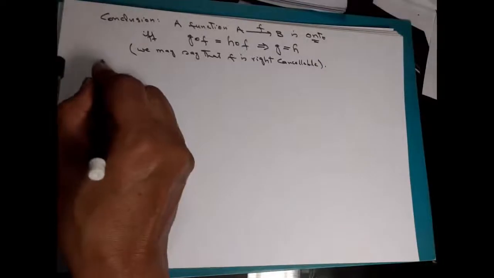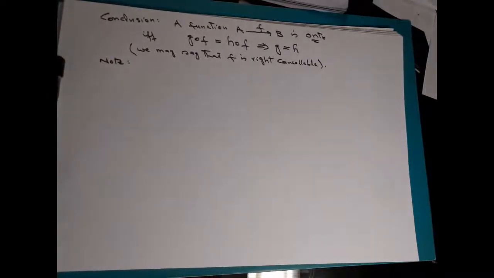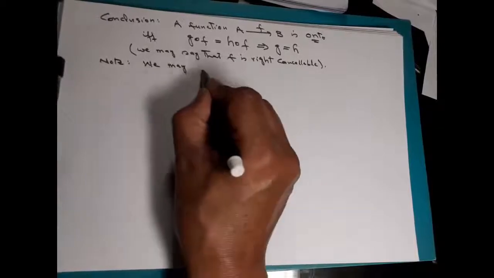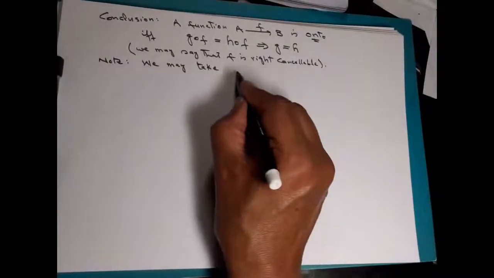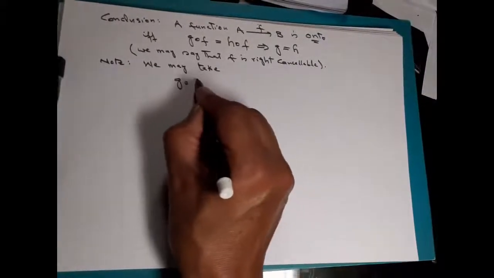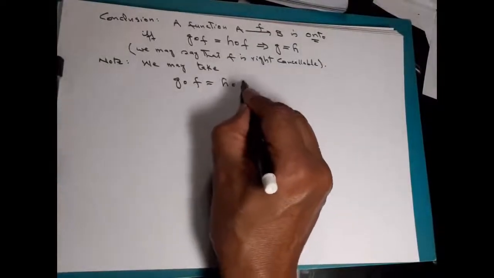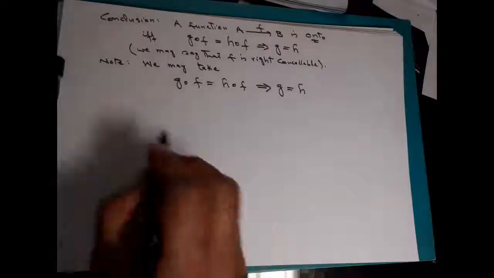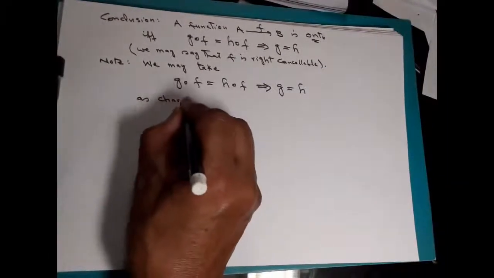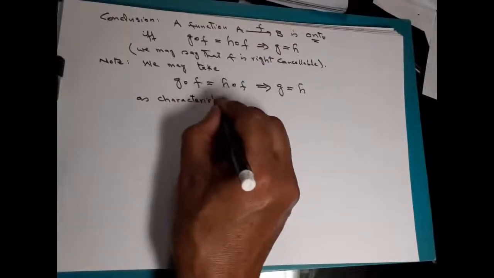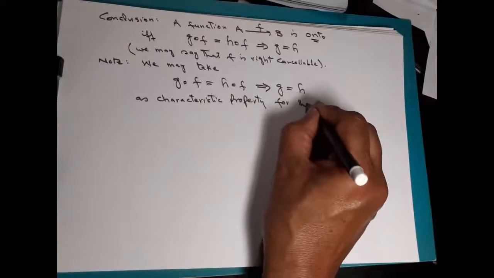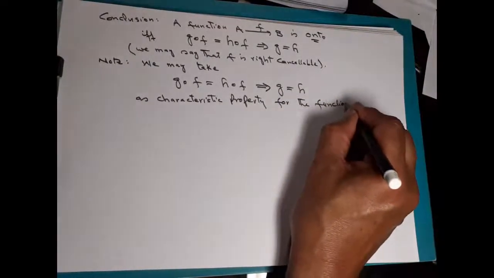So let's note that. In fact we may take g circle f is equal to h circle f implies that g is equal to h as the characteristic property for the function f to be onto.